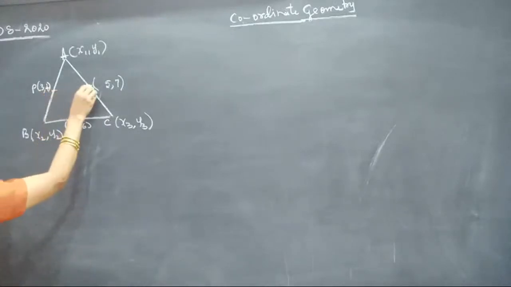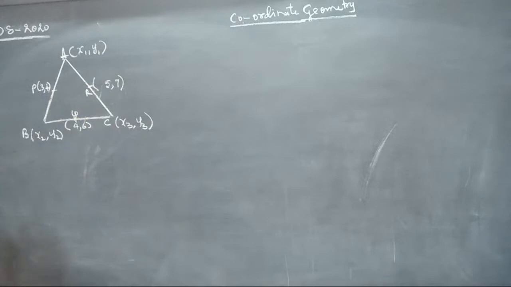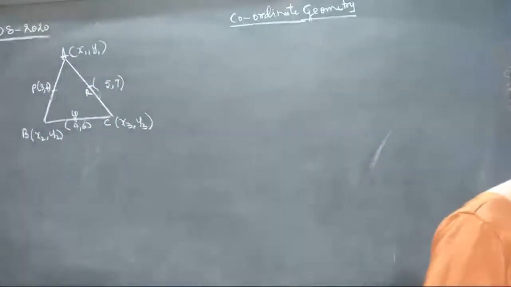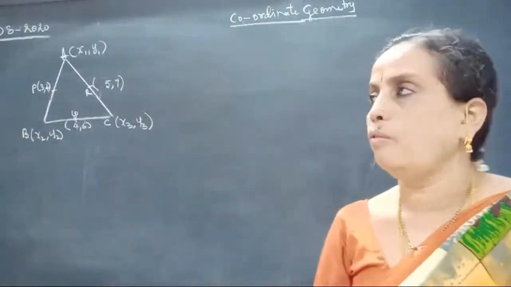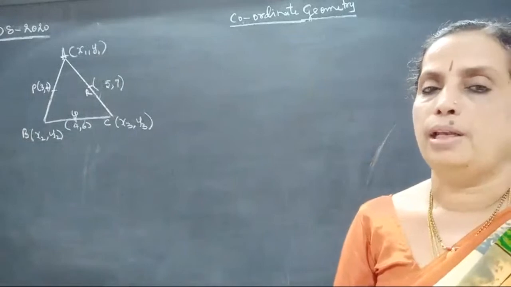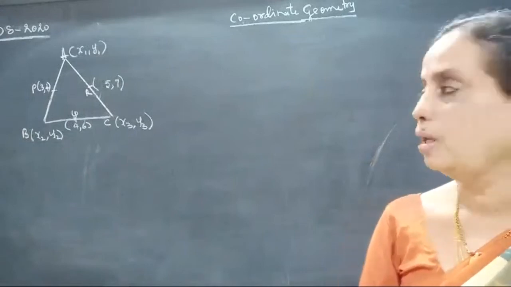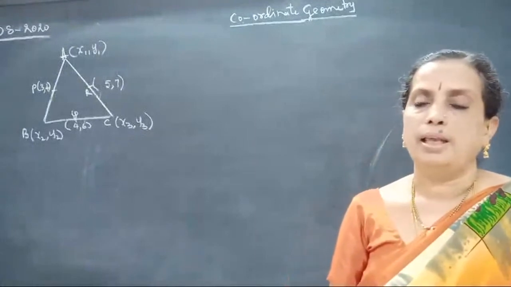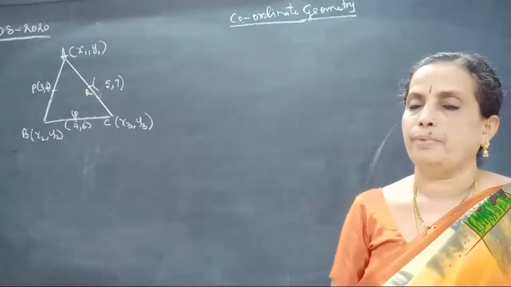These are the midpoints of the sides AB, BC and AC. Using that, we have to find the coordinates of the vertices of triangle ABC, where A (x1, y1), B (x2, y2) and C (x3, y3).